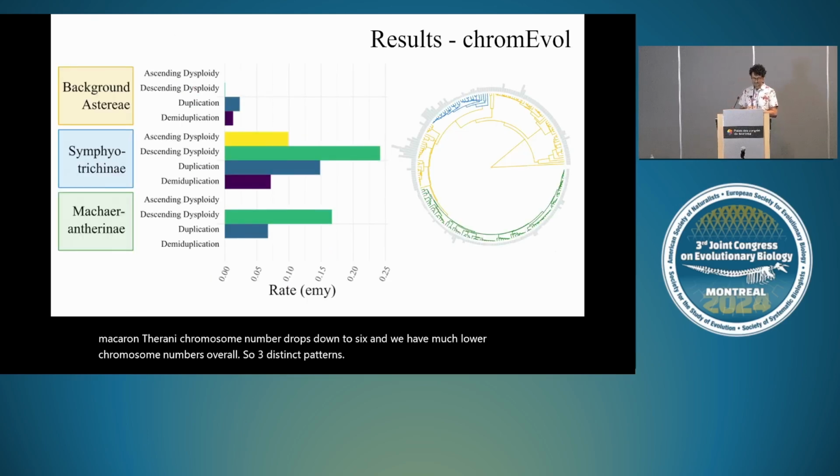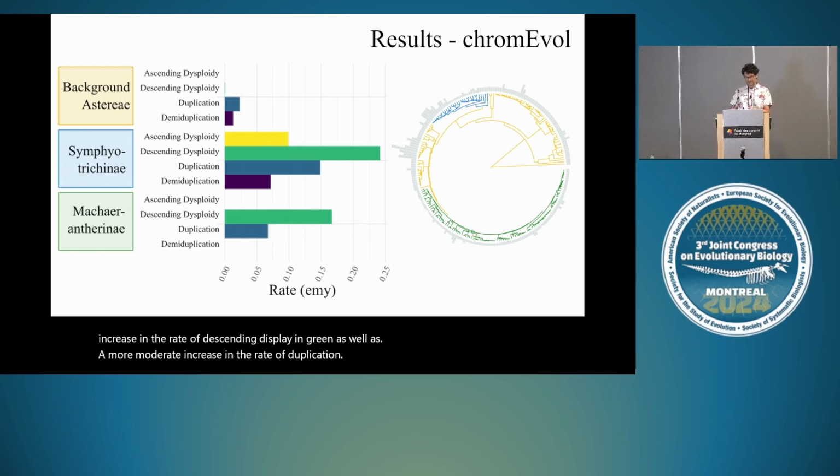These were the rates estimated for each of those 3 groups. First of all, as expected based on those chromosome numbers, the background group overall has very low rates of chromosome number evolution. There's very little change going on. If we compare that to the Machaeranthera at the bottom, we see a sharp increase in the rate of descending disploidy, shown in green, as well as a more moderate increase in the rate of duplication.